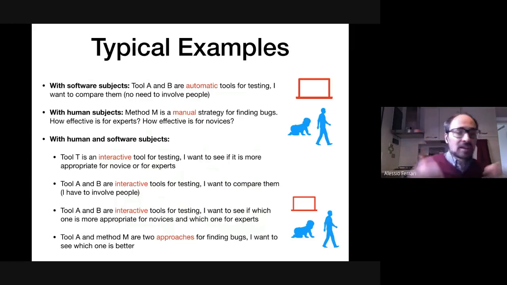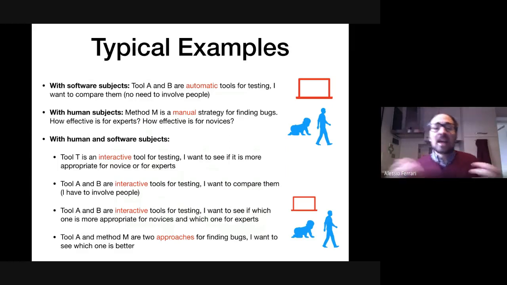So this effectiveness can again be defined in different ways. So how many bugs do they find? How quick are they in finding bugs? But the idea here is that while in the first example you have only software subjects, in here you have only human subjects and a strategy. Okay, but most of the time you mix them.